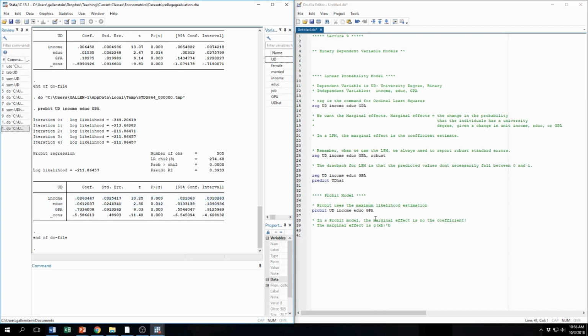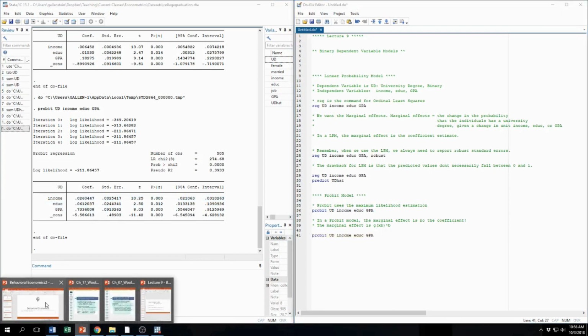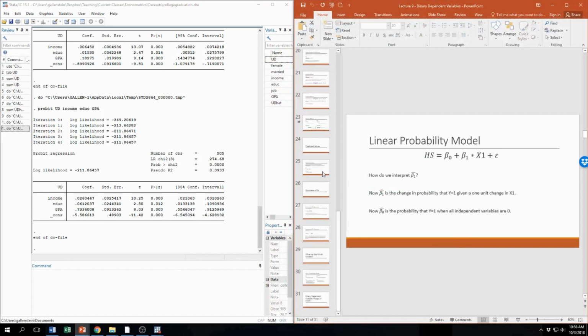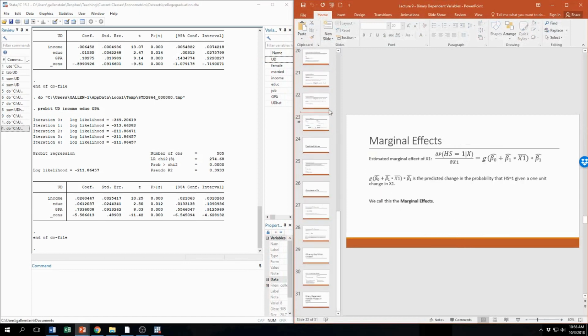I want marginal effects. So what we need to do is calculate them using these equations that I showed you in the lecture. The way that we get marginal effects using a probit model is that we plug in the estimated coefficients and the average variable values into this g function and then multiply that by the coefficient estimate.